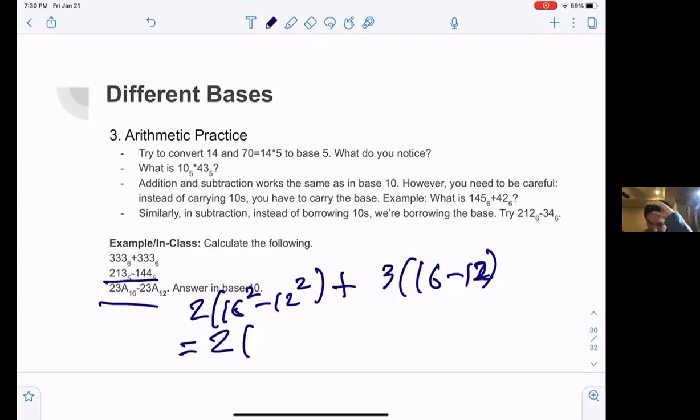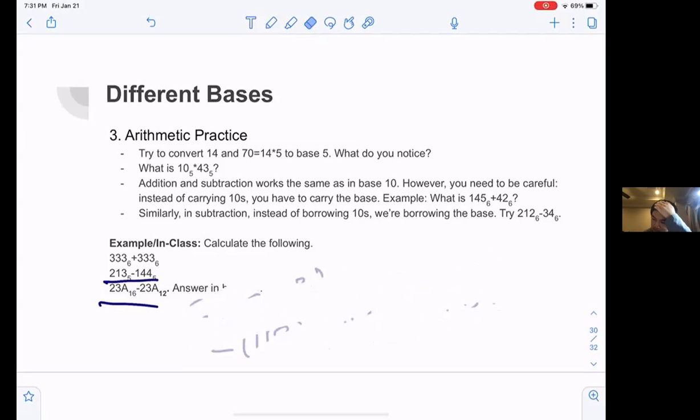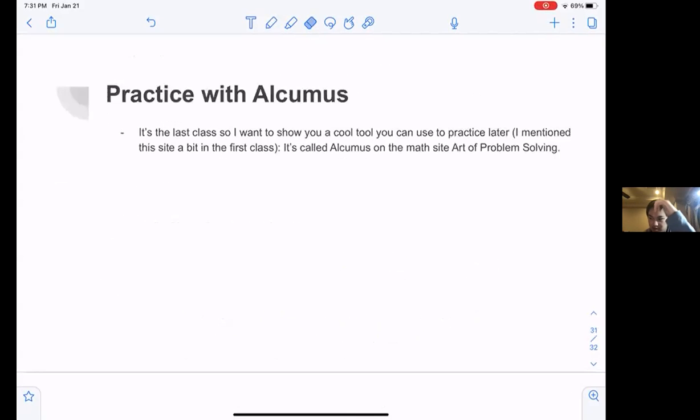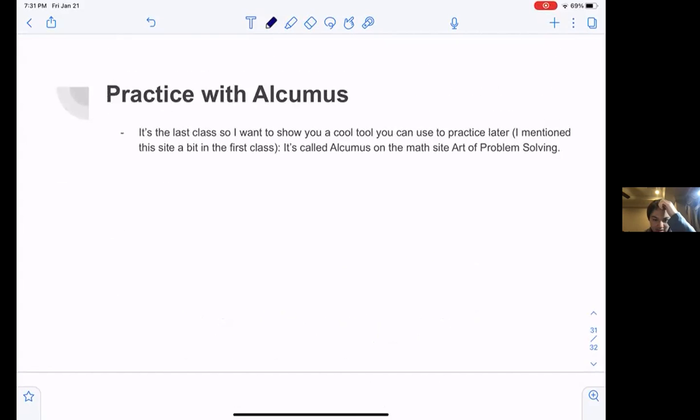Oh, no, 28 times 4, sorry, what am I saying? That would be 112 plus 3 times 4. 224 plus 12 is 236, yeah. So 236 is the answer to this. I just did some exponent subtraction.